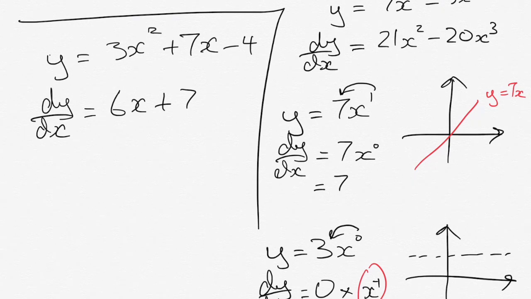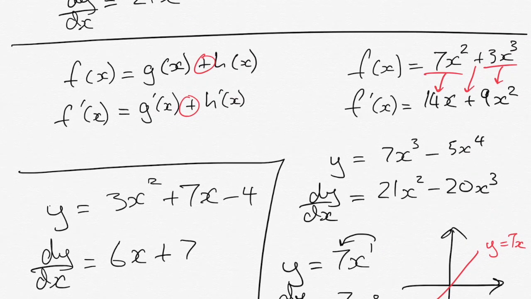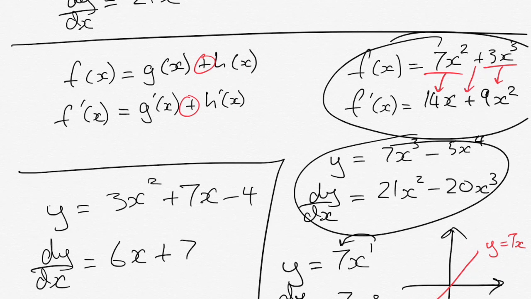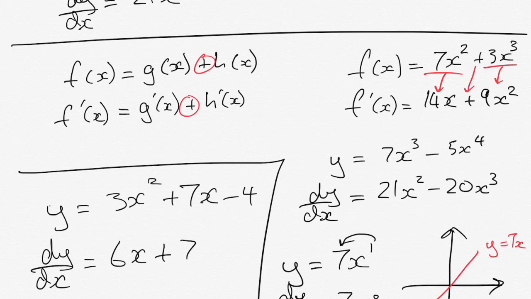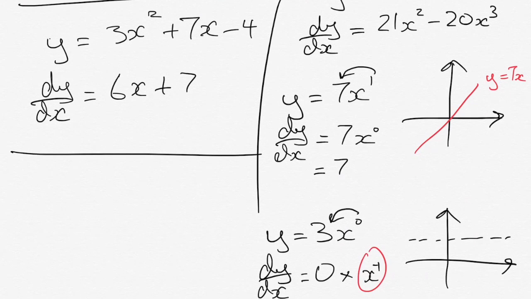One more thing before I leave you. I've shown you explicitly that when we're finding the derivative of functions that are added or subtracted, then we can just find the derivatives of each one separately. I want to make it very clear that that doesn't work if we're multiplying.